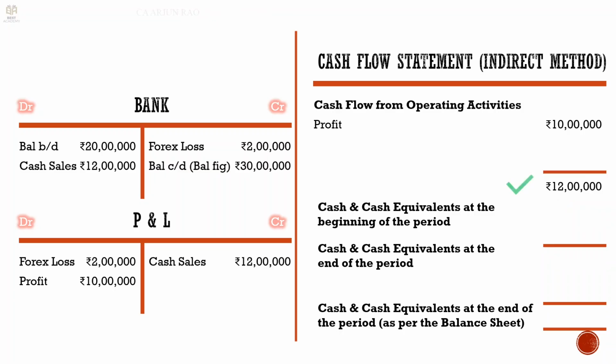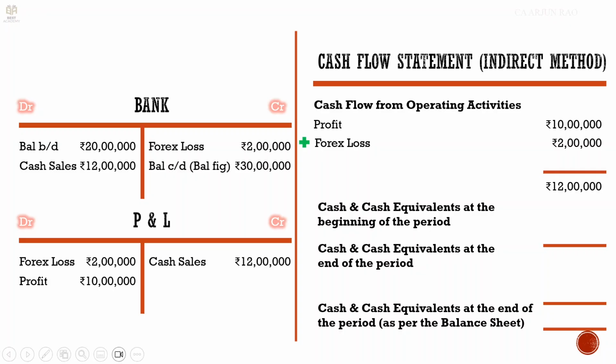So, in order to show that 12 lakhs, we start with this profit, we need 12 lakhs now. So, what are we going to do? We are going to add back this forex loss. We are going to add back forex loss of 2 lakhs so that we get the correct net cash from operating activities.